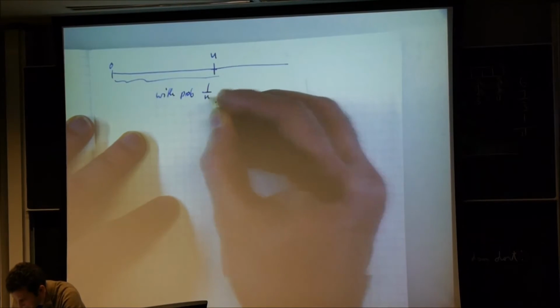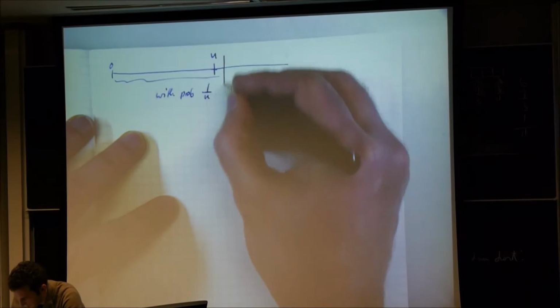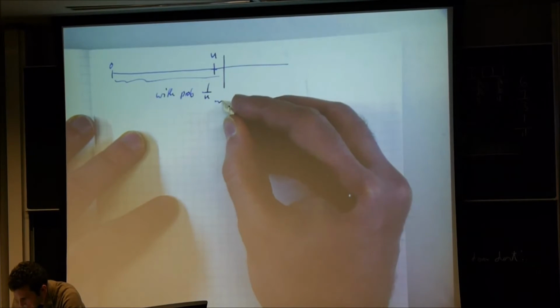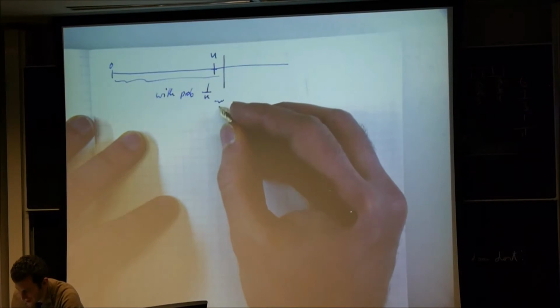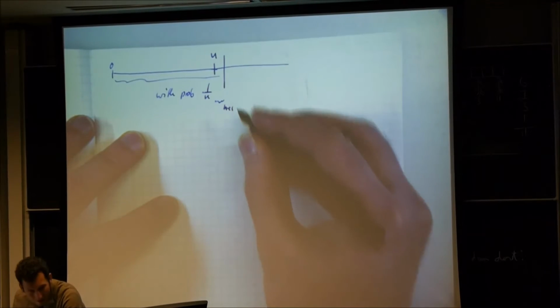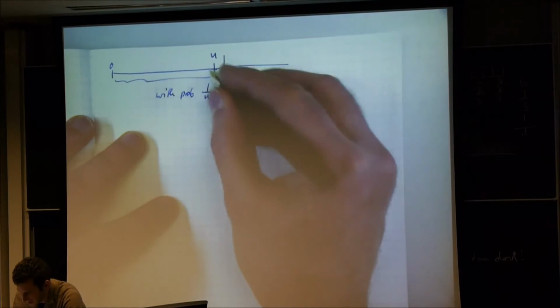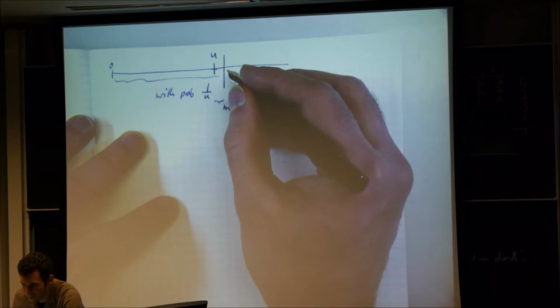Now this new element comes in, and if I wanted to get a uniform distribution over those n plus 1 elements, then what I would need to make sure is that this new element gets picked with probability 1 over n plus 1.